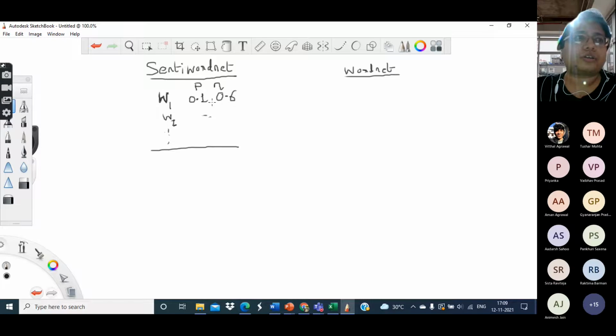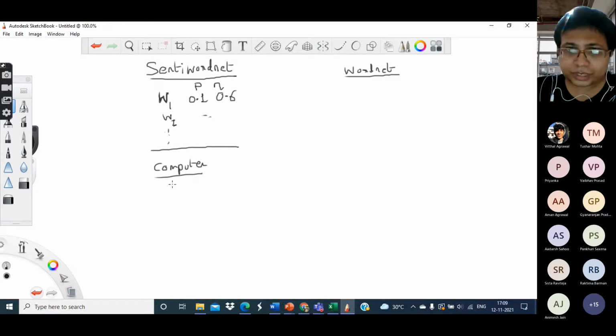There are lots of words which are completely neutral, which are neither positive nor negative in any context. For example, if you consider a word like computer, is there any reason to think that this word is either positive or negative? Certainly not. It's a neutral word, sentiment wise.